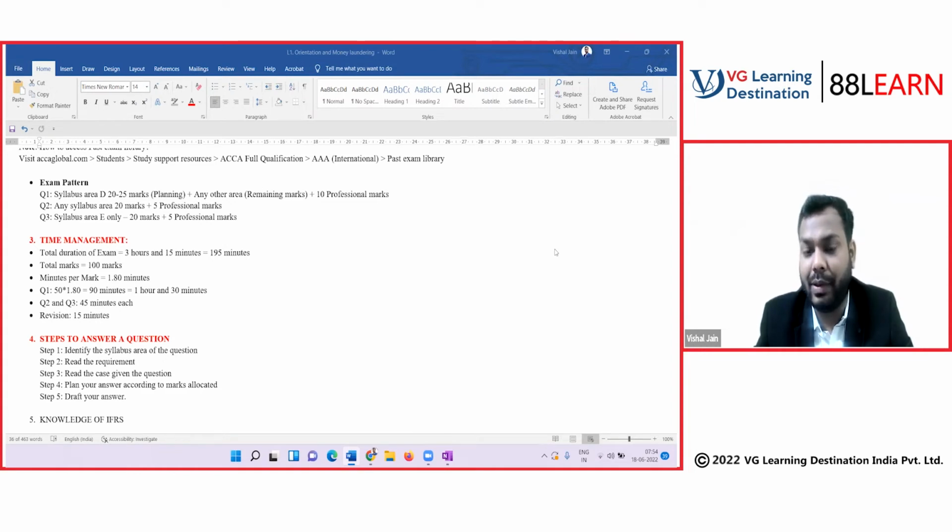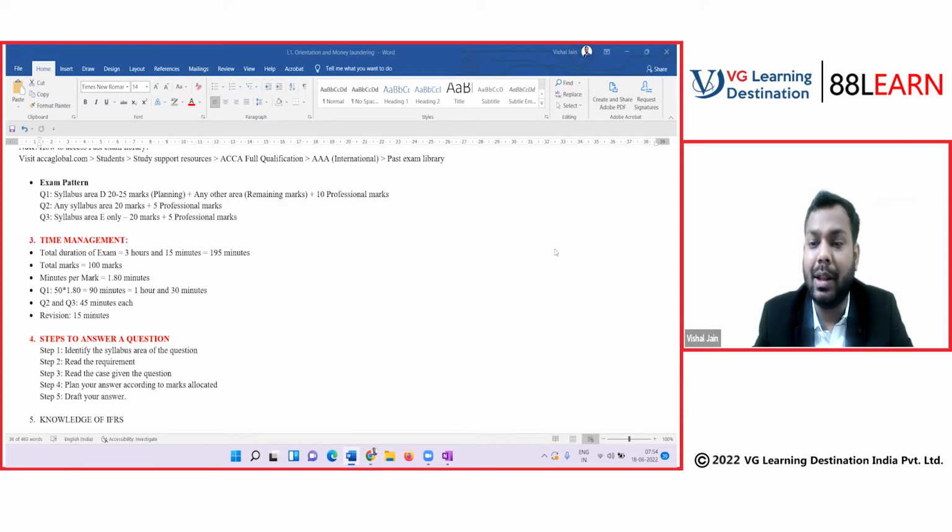Definitely, if you have read the CA Final Audit paper, you'll find this paper a little bit easy, but the approach is altogether different. See, CA Final Audit paper is a theory-based paper, but ACCA paper is, you can say, an application-based paper. I'll tell you how. In the CA Final, they'll ask you what is money laundering, okay?